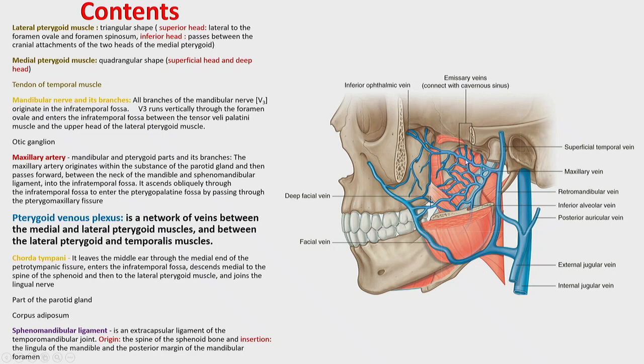As we mentioned, through the foramen ovale via the emissary vein, it's connected to the middle cranial fossa, to the cavernous sinus, which is an intracranial vein, extremely important for the spread of infection, and also for the spread of metastatic cells.